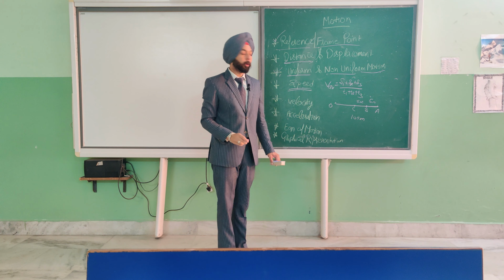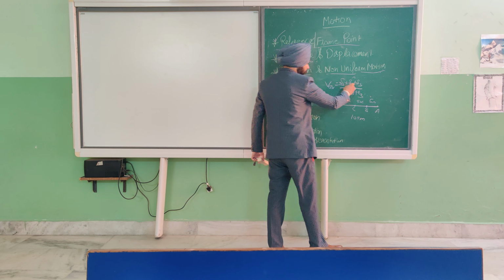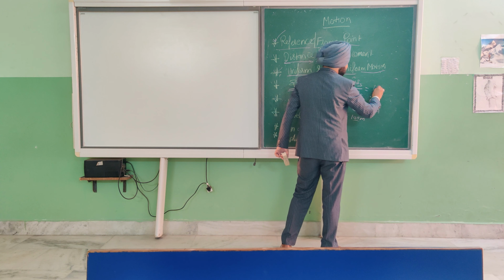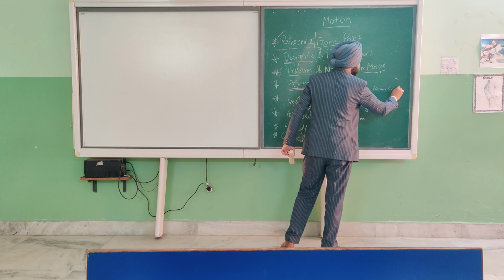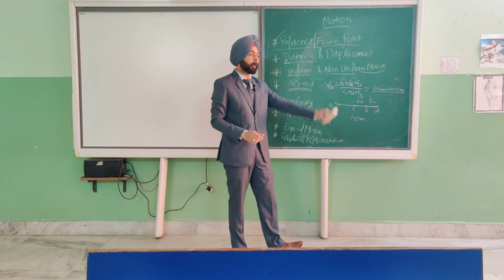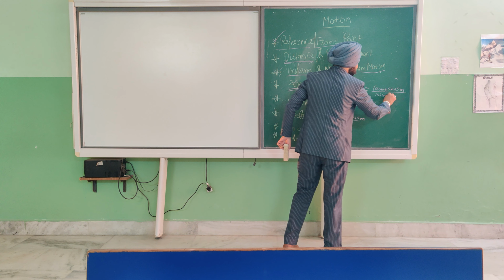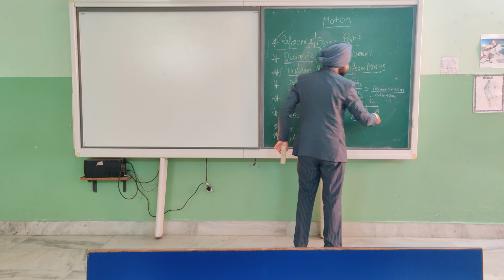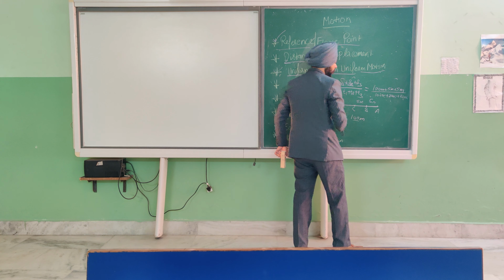So now average speed: firstly total distance 100 meter plus 5 meter plus 5 meter. It took time 10 second for the 100 meter, 2 second for 5 meter, again 2 second for another 5 meter.